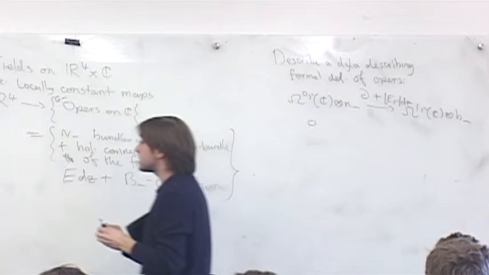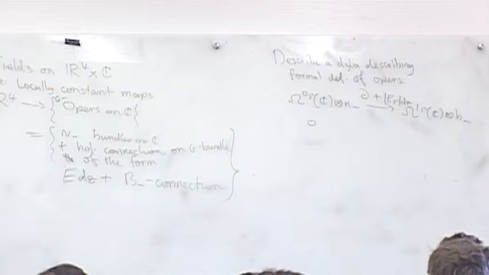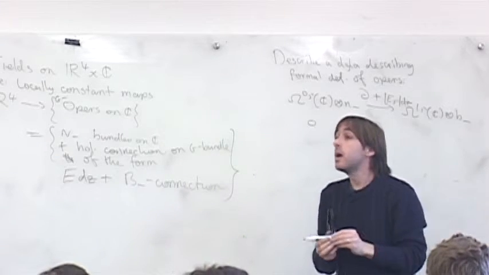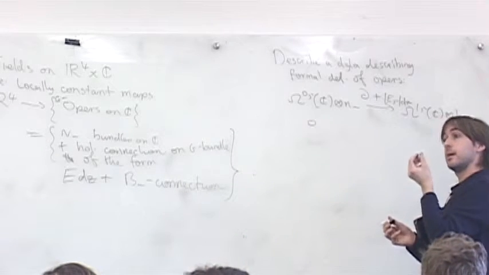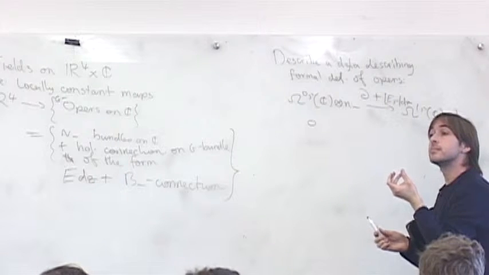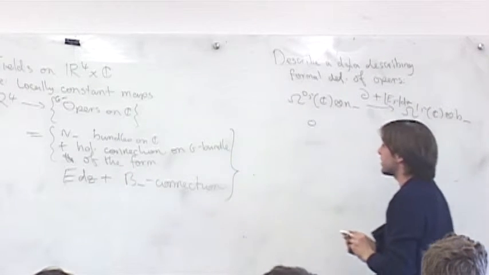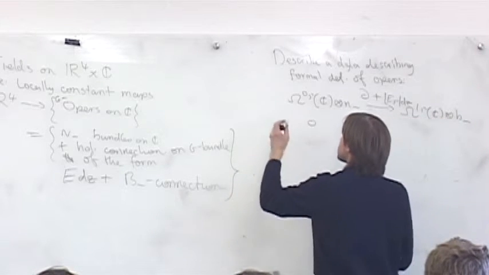I haven't told you the Poisson structure yet. The space of opers is just a vector space, so you're looking at maps into a vector space. Yes, but it's going to have a Poisson structure which is not constant. So what's the Poisson structure?